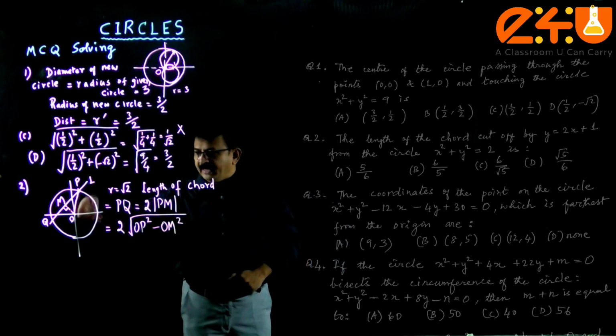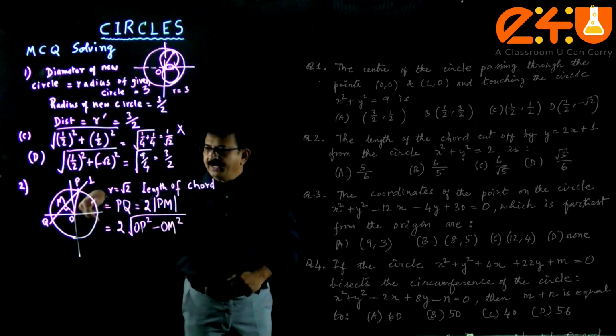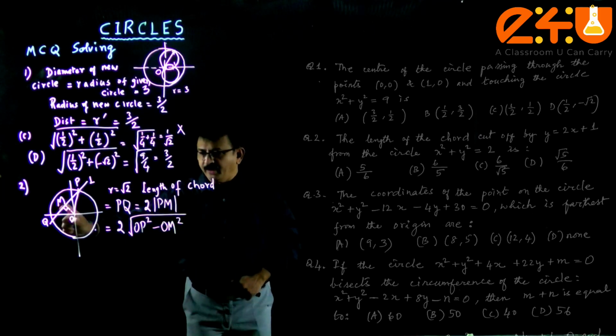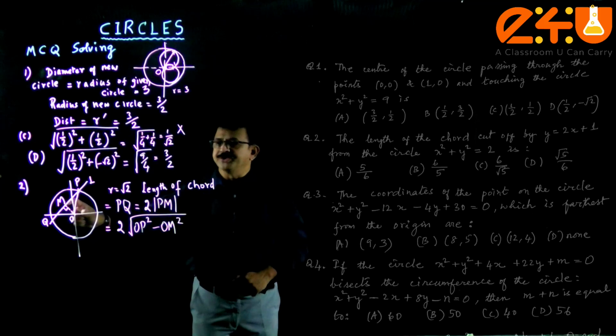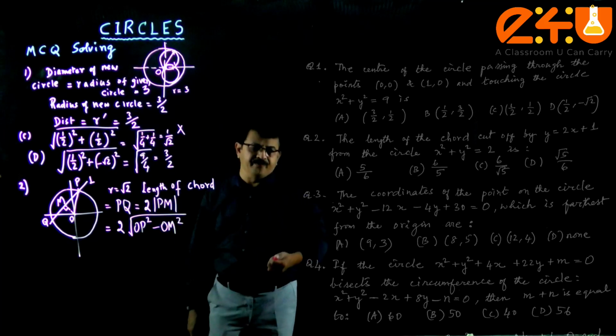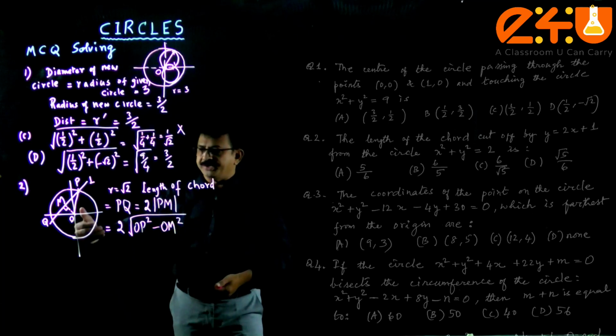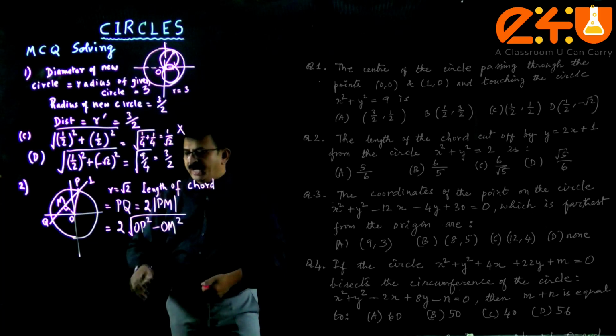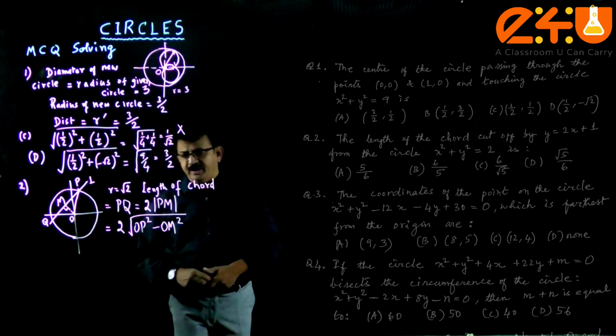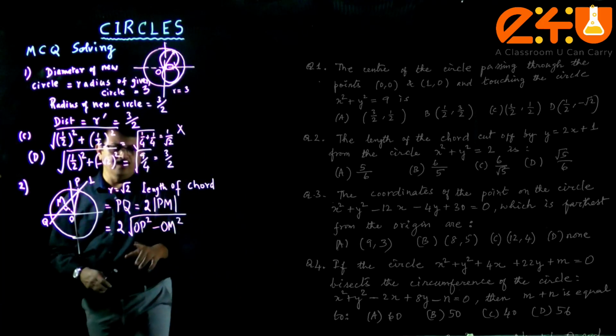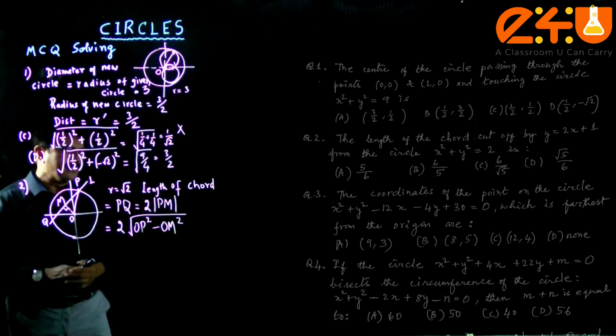Triangle OPM is right angled, OP is the hypotenuse. Distance OM you can anyway find out because you know the equation of the straight line, y equal to 2x plus 1. We know the center is the origin, so it is easy to measure the distance OM. That way it becomes very easy to find the length of the chord, 2 times root of OP squared minus OM squared.